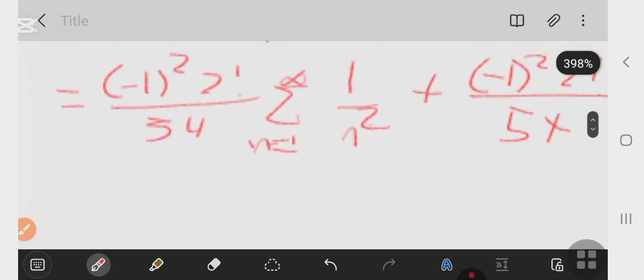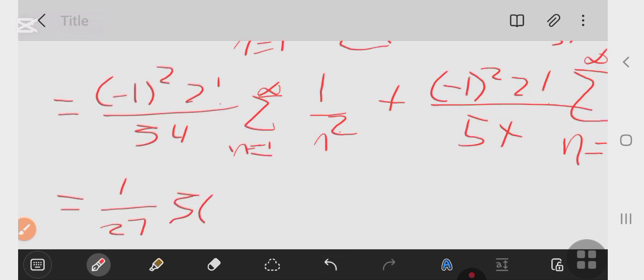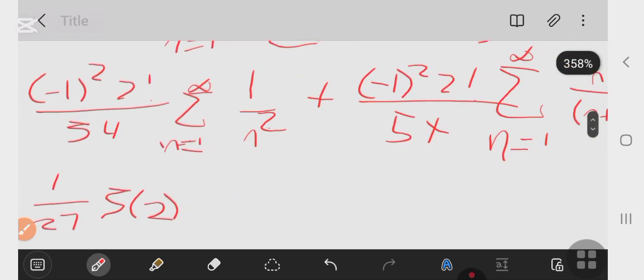Permit me to write 1 over 27 zeta 2, this is my zeta 2, because this is still the other way of writing zeta function.